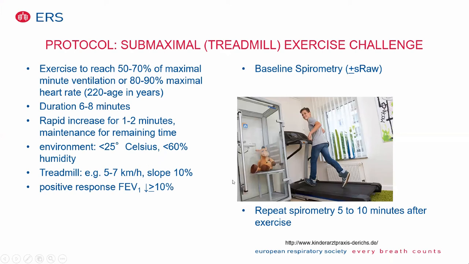Now, how do you do this? You want him to exercise to reach 50 to 70% of his maximal minute ventilation, or 80 to 90% of the maximal heart rate.